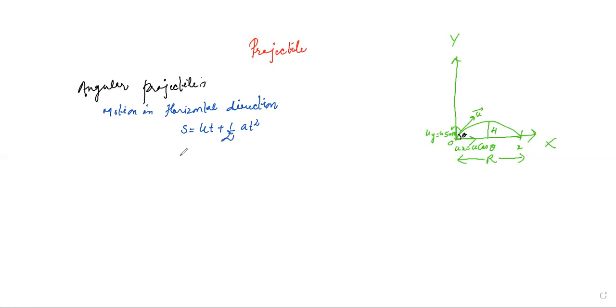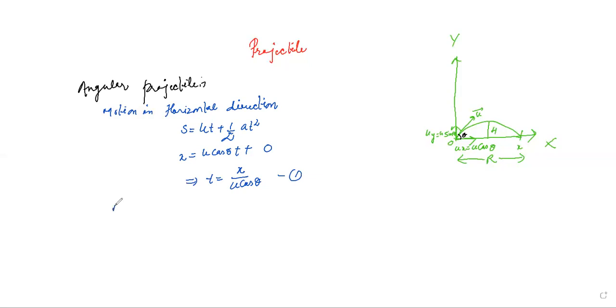In horizontal direction, S equals x and u equals u cos theta into t. Plus, since in horizontal direction acceleration due to gravity is 0, the second term is 0, which implies t equals x over u cos theta. Let me take this as equation 1.